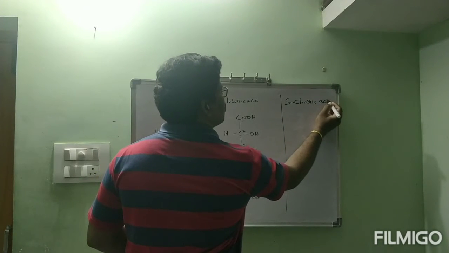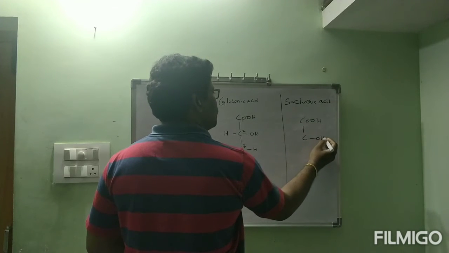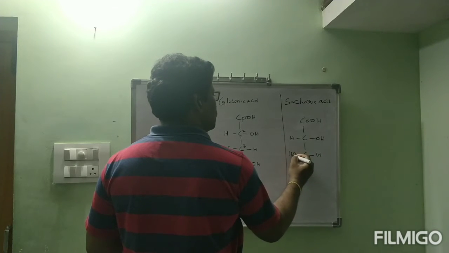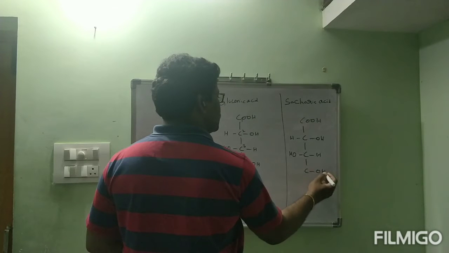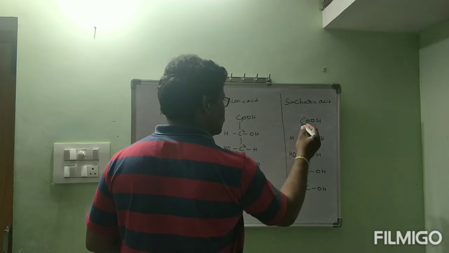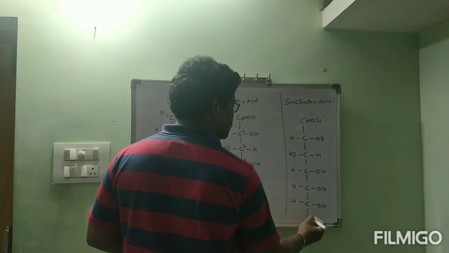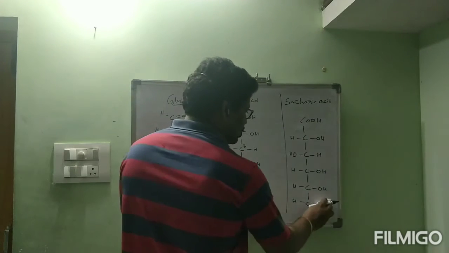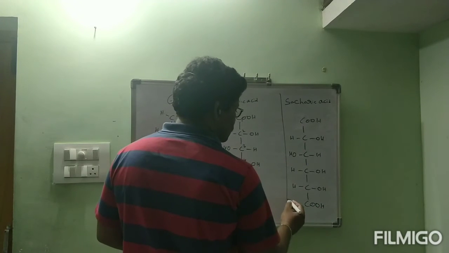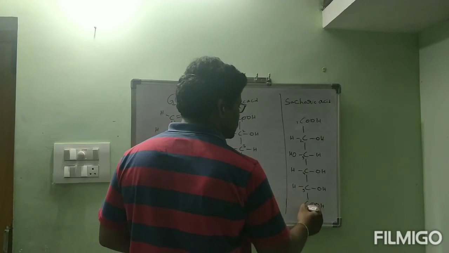COOH; C, OH, H; CH, OH; C, OH, H; C, OH, H; C, OH, H, H. Sorry, this one also will be COOH. 1, 2, 3, 4, 5, 6.